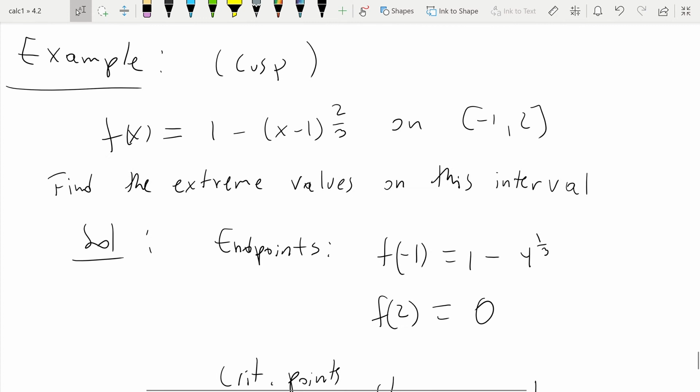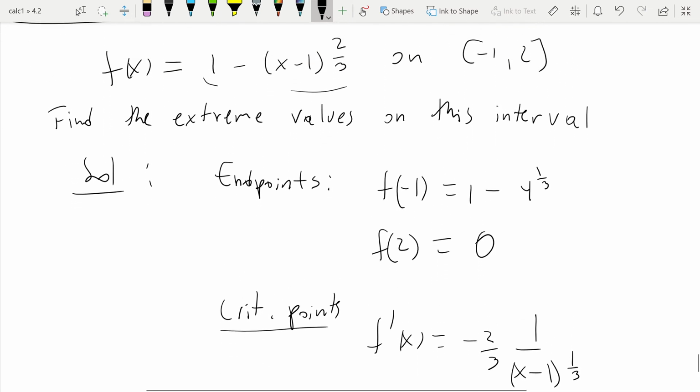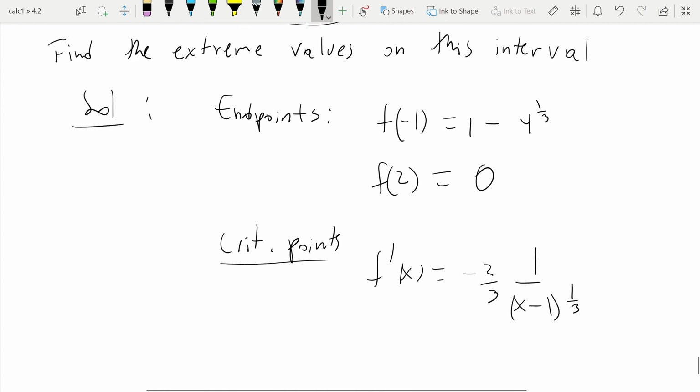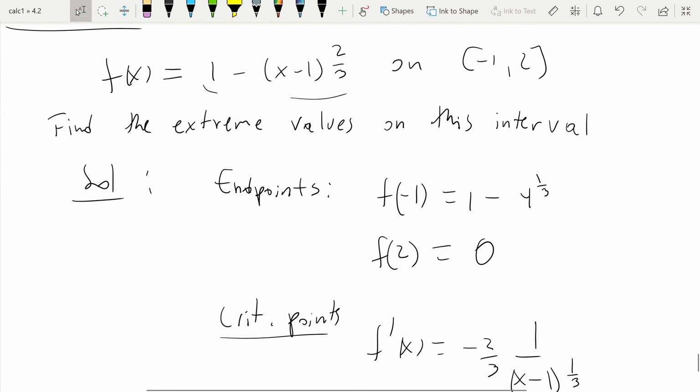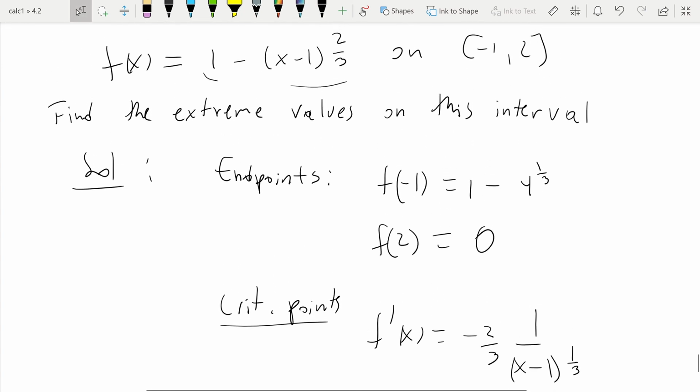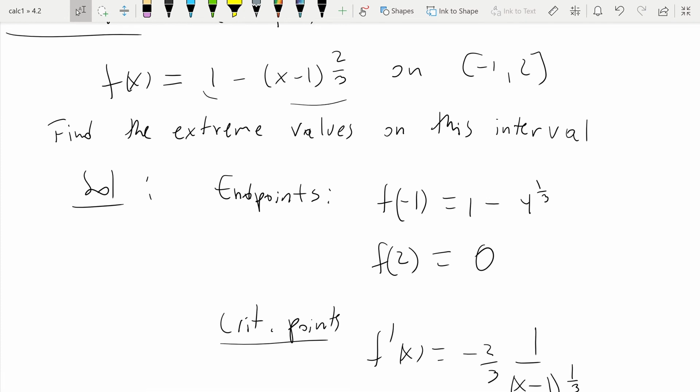The derivative of 1 is 0, and the second expression is a power function. If we had y inside instead of x minus 1, y to the 2/3, we differentiate that. We bring the exponent, which is 2/3, we had a minus sign outside, and 1 over (x minus 1) to the 1/3, since 2/3 minus 1 is minus 1/3.